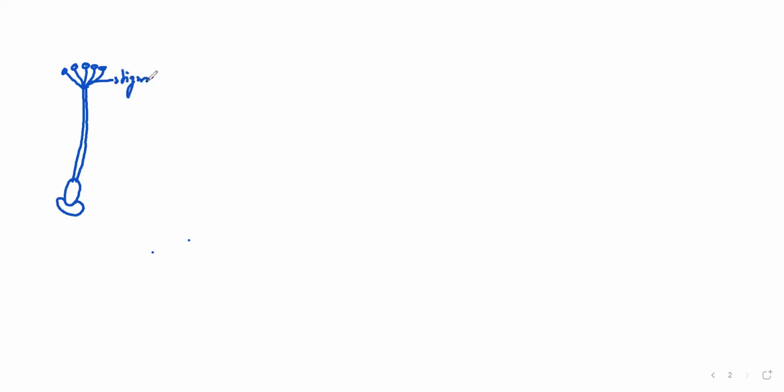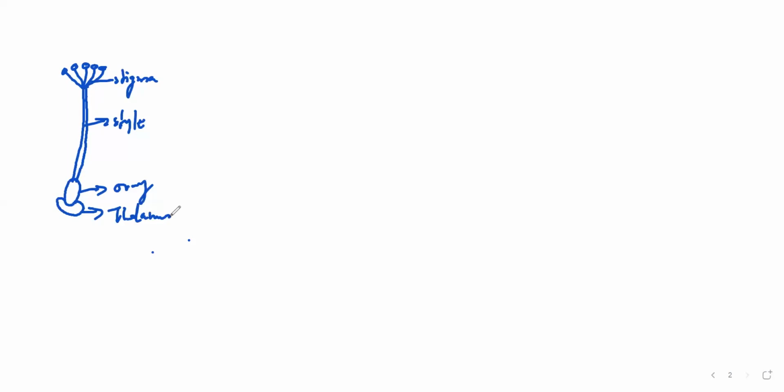So this is the stigma. This is the style. Then here we have the ovary. And this is the thalamus. So stigma, style, ovary.